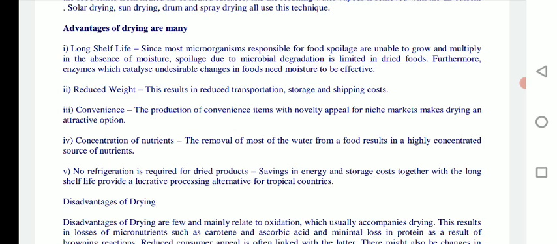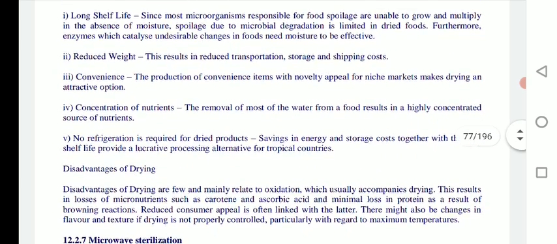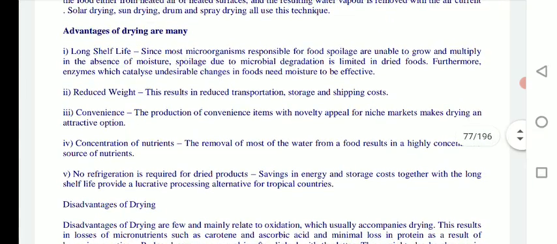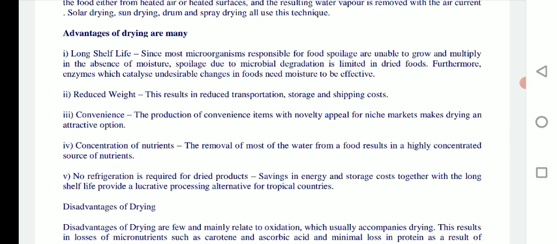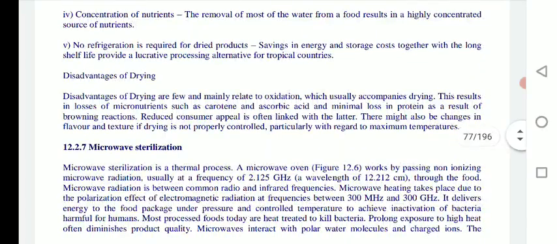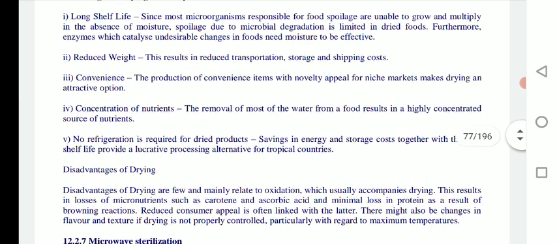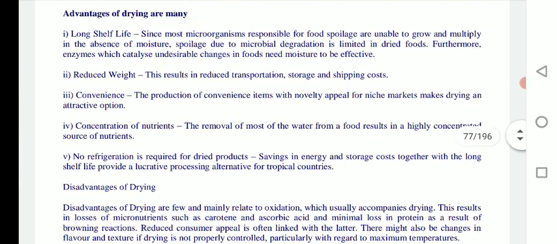Then what are the advantages of drying? After drying we can keep foods for a longer time. So long shelf life, then reduced weight, then convenience and concentration of nutrients. These are some advantages of drying, that we can keep dried food for a longer time.